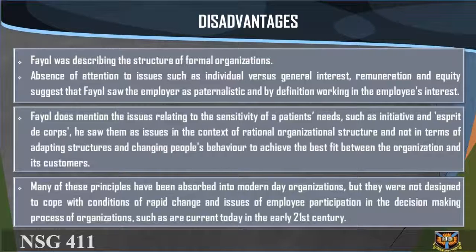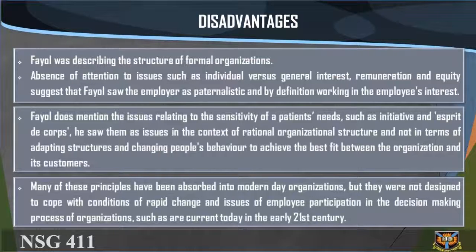Fayol does mention issues relating to the sensitivity of employees' needs, such as initiative and esprit de corps. But he saw them as issues in the context of rational organizational structure and not in terms of adapting structures and changing people's behavior to achieve the best fit between the organization and its customers.